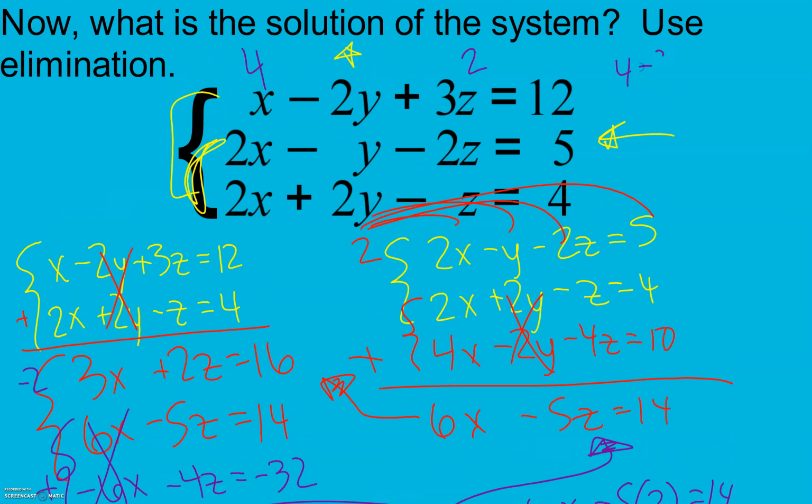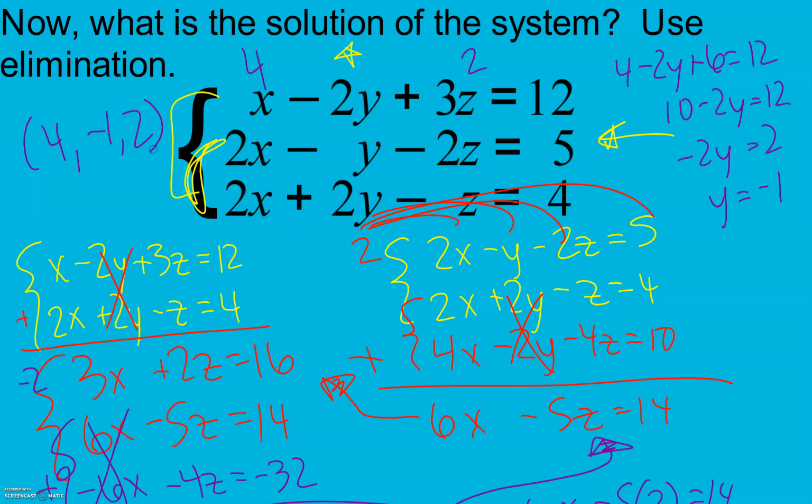So 4 minus 2y plus 6 equals 12. y equals negative 1. So I'm going to get 4, negative 1, 2.